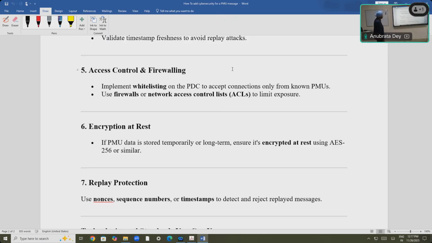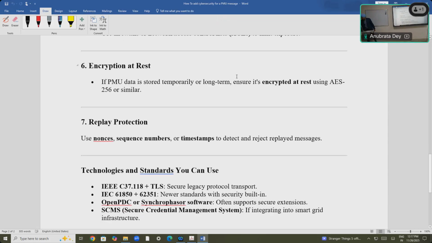So you can have the PDC only accept the signals or the data from known PMUs. And you could have firewalls and network access control lists. That again may not give you 100% security, but will give you some security, right? And then another one is encryption at rest.